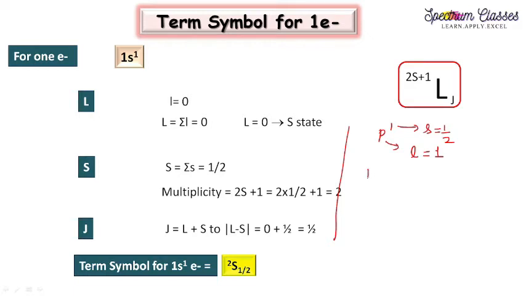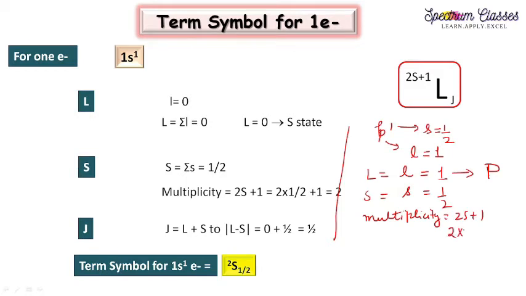Now capital L is equal to L for one electron, and this is equal to 1, and corresponding to this we are having P state. This is capital, this is small. S is equal to small s is equal to 1 by 2, and corresponding to this multiplicity is equal to 2S plus 1. So 2 into 1 by 2 plus 1 is equal to 2 again.